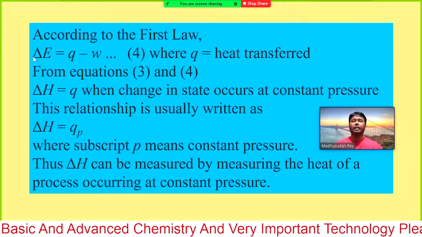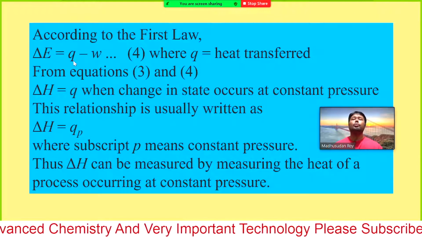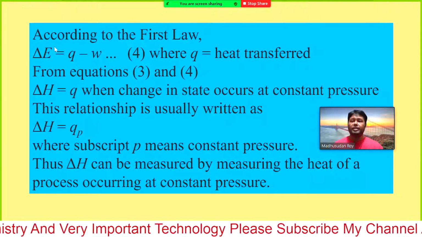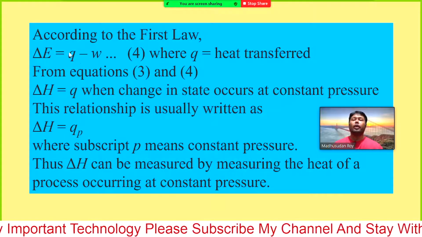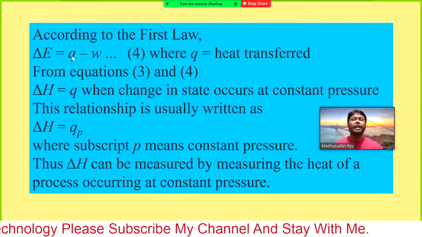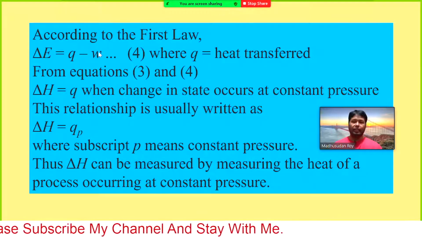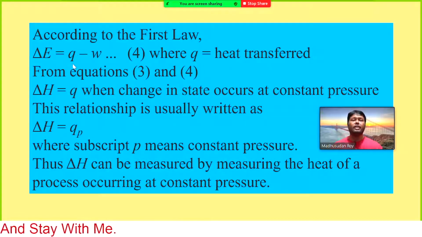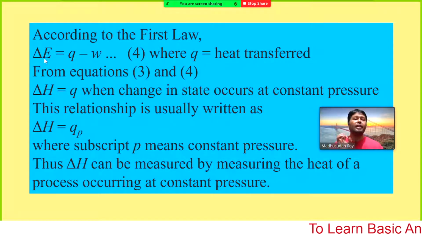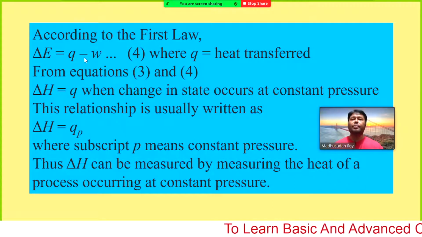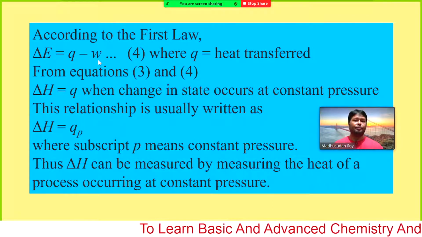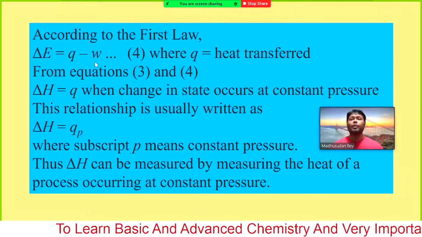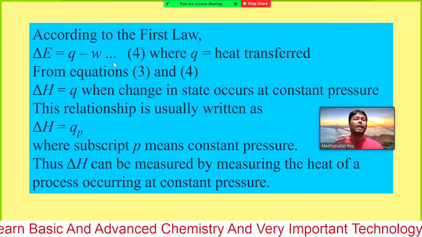That means the change in internal energy equals the supplied energy minus the work done, where Q is the heat transferred, how much energy we are supplying to the system to perform the work, and delta E is the change in internal energy, minus the work done due to the expansion or change in volume.